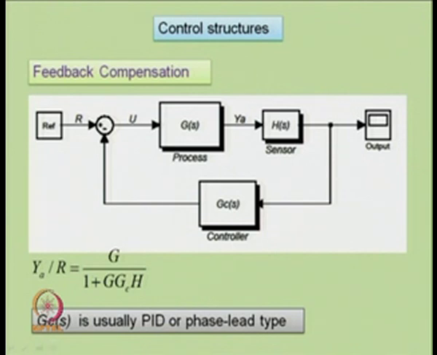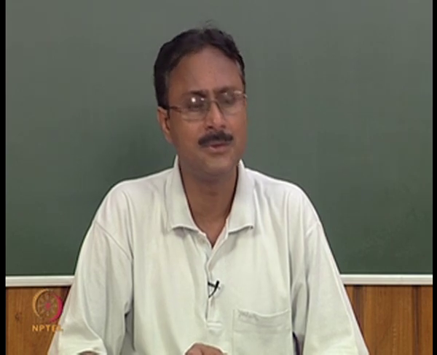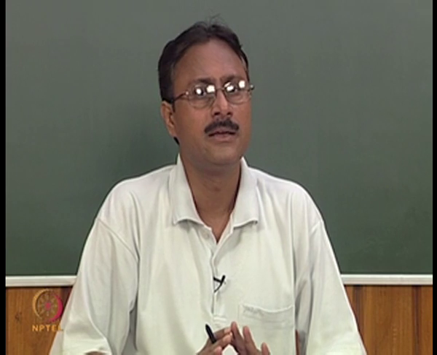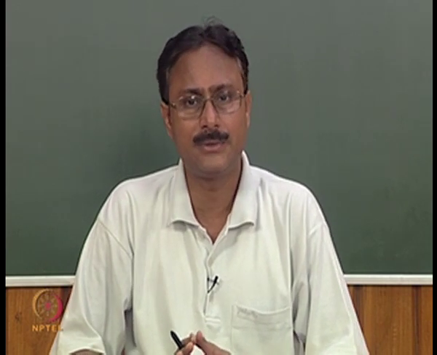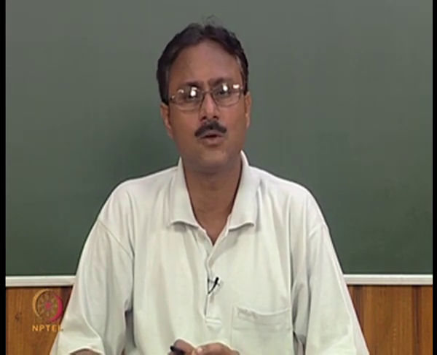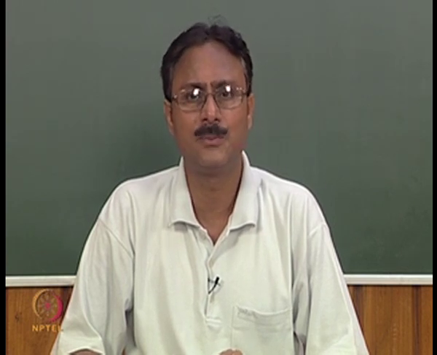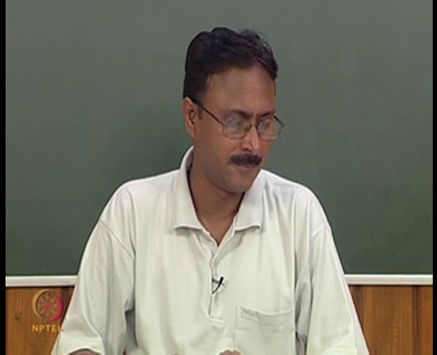These types of compensation schemes are expected to give us proper regulatory systems. What do we mean by a regulatory system? A regulatory system means where the output will reject the disturbances, external disturbances only. It need not go on tracking the reference inputs repetitively.